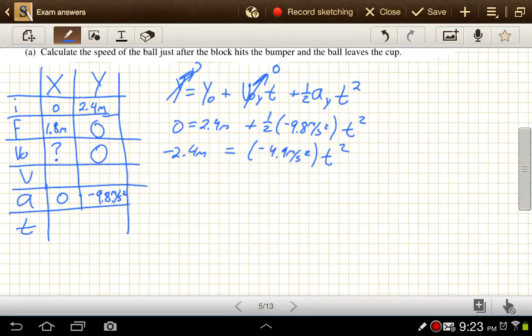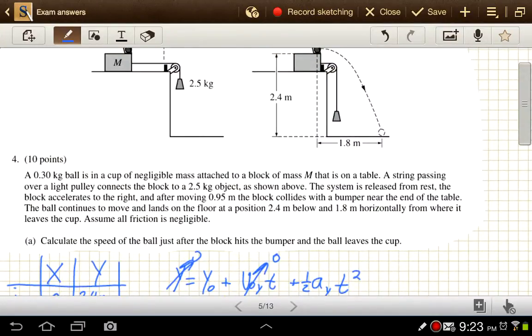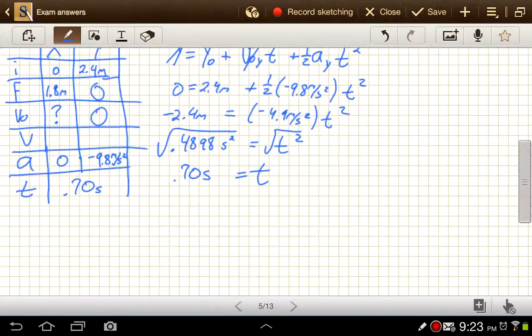Divide both sides by the negative 4.9, and we get 0.4898 seconds squared is equal to t squared, and then square root both sides, and we get the time it takes to fall is 0.70 seconds. Okay, and then we know in the 0.70 seconds it travels a horizontal distance of 1.8 meters. So now we can use that same equation, but in the x direction.